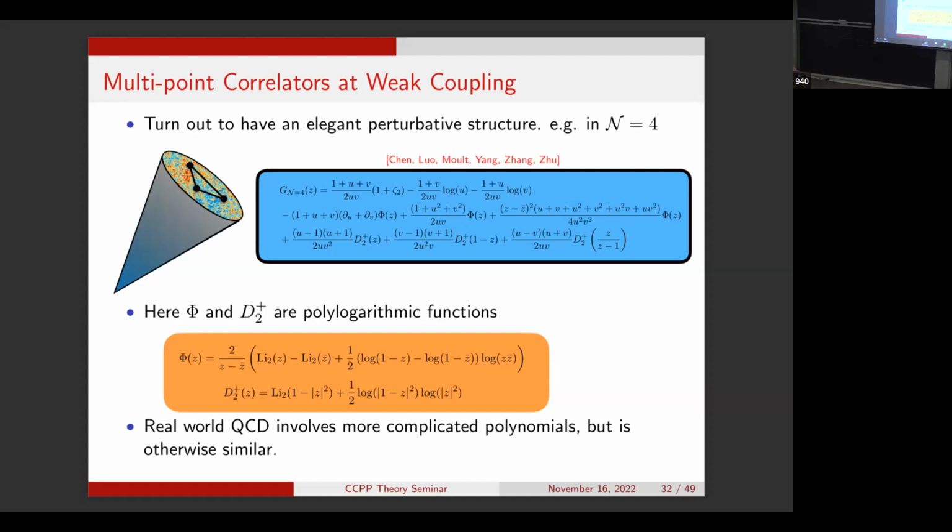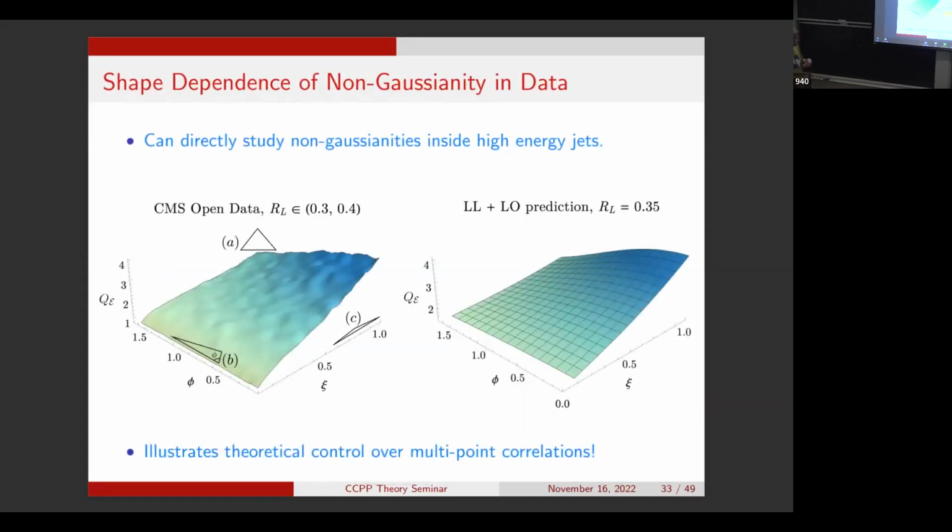And so the neat thing with these is that, unlike normal amplitudes, which you can't actually measure, here you can directly measure this correlation function and compare it with the calculation. This is a calculation of the three-point correlation function of these energy flow operators inside hadronic jets. It's plotted as a function of two angular coordinates which describe the shape.